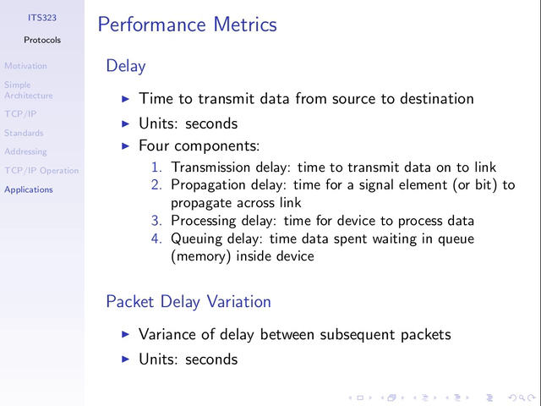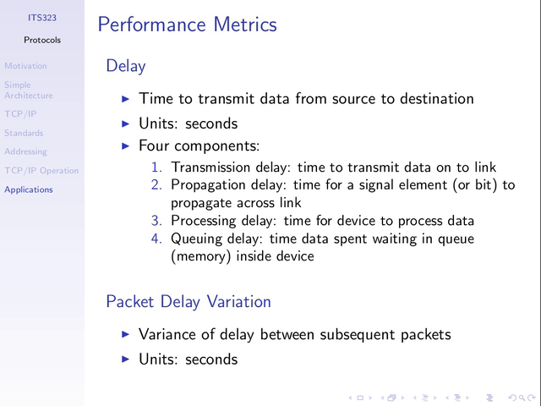Propagation delay is distance in metres divided by speed in metres per second. We've got 36,000 kilometres for our signal to propagate up to the satellite.